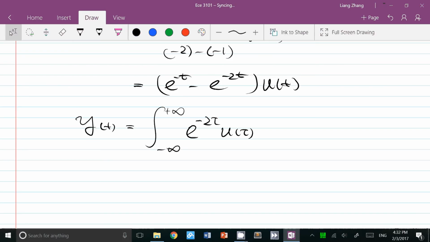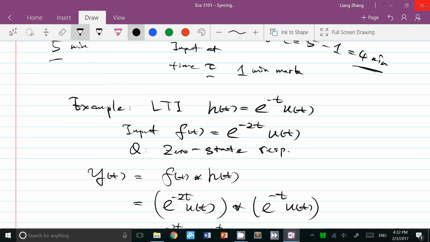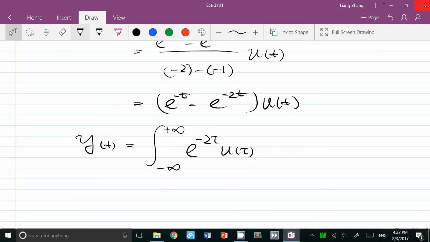You're given h of t. What you need to do is to replace t with t minus tau. That will give you h of t minus tau. So we'll have e to the negative t minus tau u of t minus tau d tau.